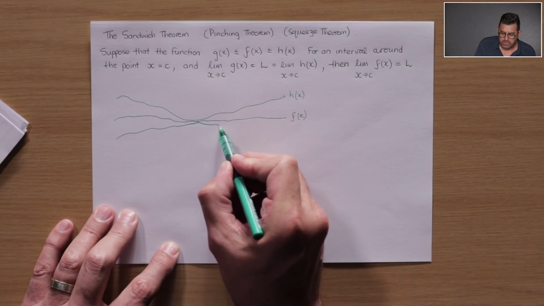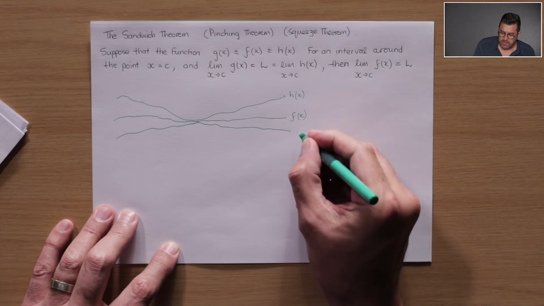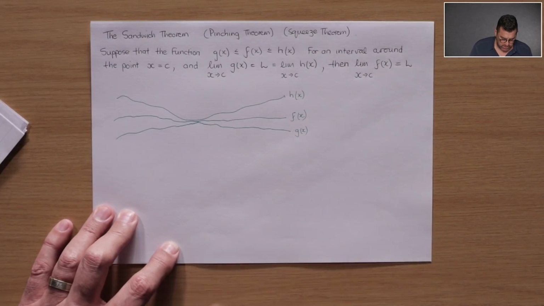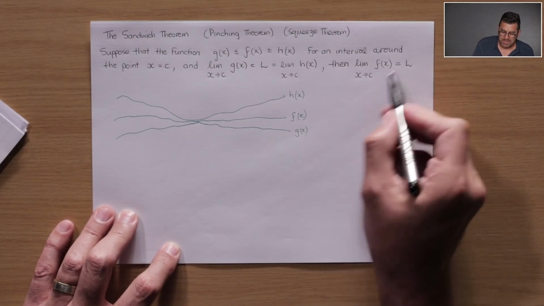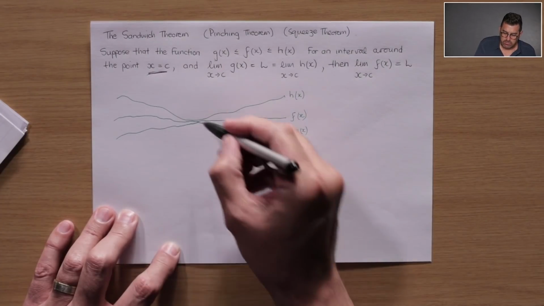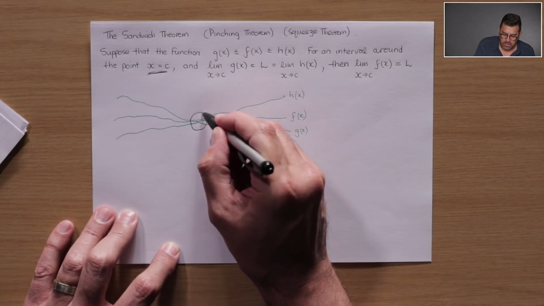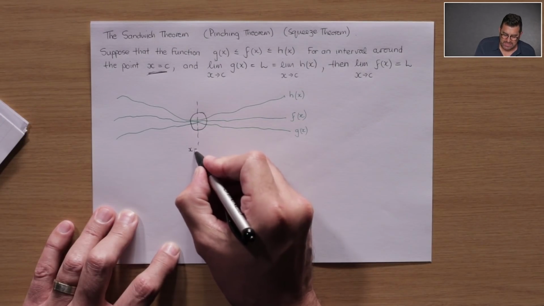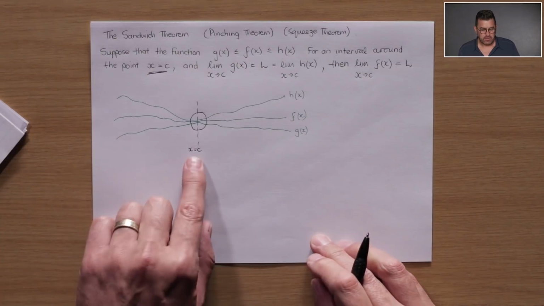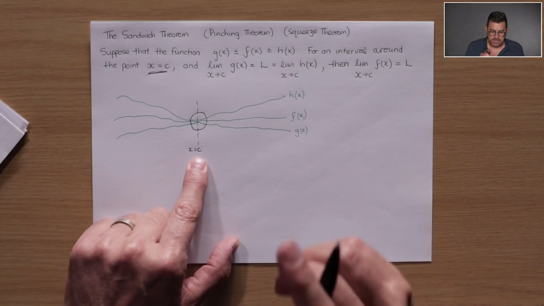Now what the pinching theorem, or the squeeze theorem or the sandwich theorem, whichever one you want to use, is saying is that we are focusing in here at around C. This is the area where we are focusing in on. That's where x is becoming equal to C. Now what does it say?